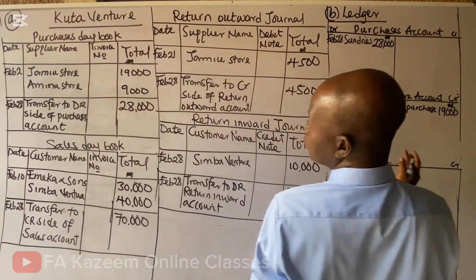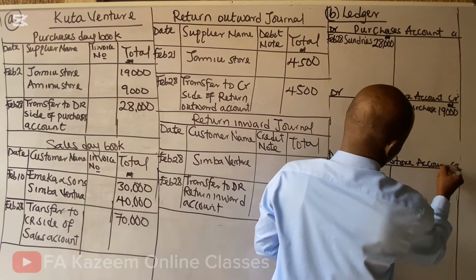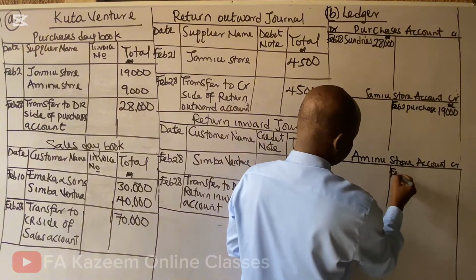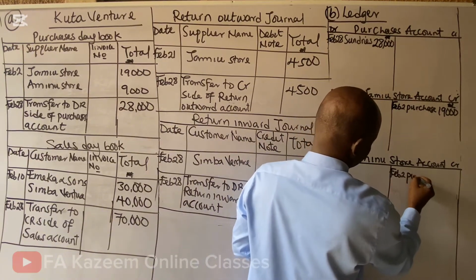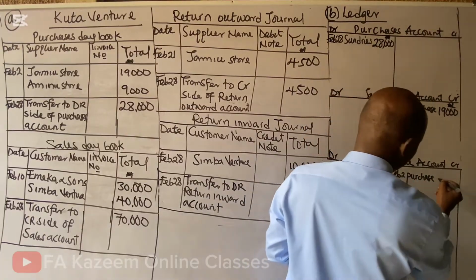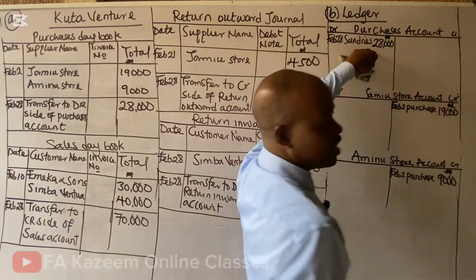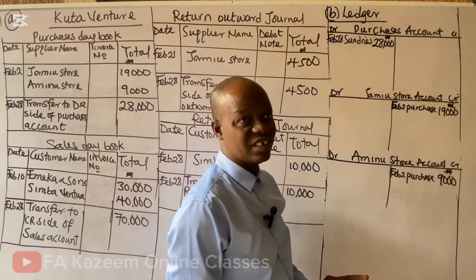Is it Aminu? Aminu store account. Credit Aminu. February. That's purchases. How much goods do we buy from Aminu? We bought 9,000. For every debit entry, there is a corresponding credit entry.